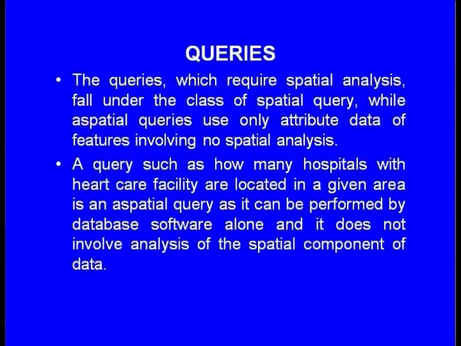A query such as how many hospitals with heart care facilities are located in a given area is an aspatial query, as it can be performed by the database software alone and does not involve the analysis of spatial components of the data.